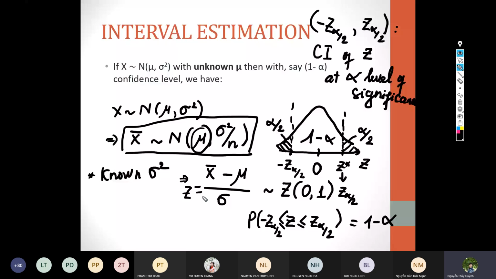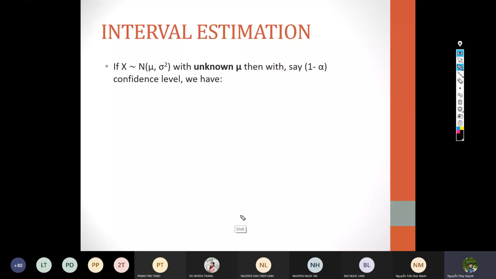We have the probability that x bar minus mu divided by sigma is greater than minus z alpha divided by 2 and less than z alpha divided by 2. This probability is equal to 1 minus alpha.